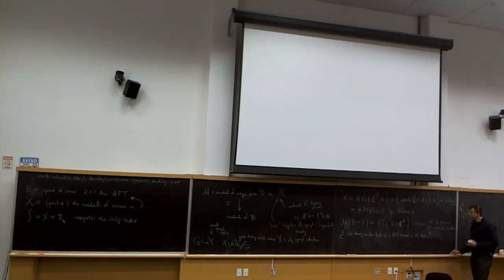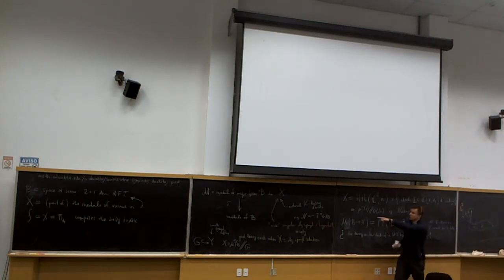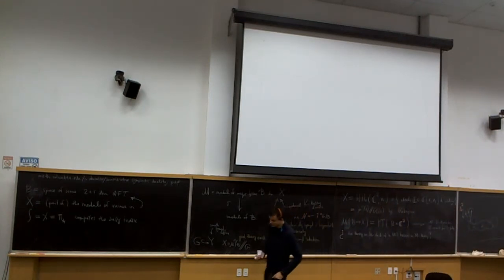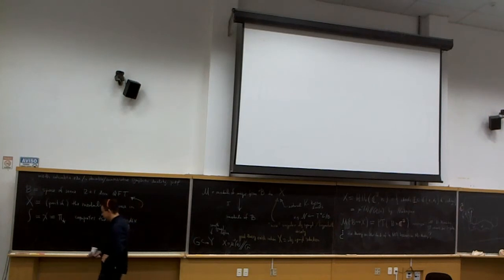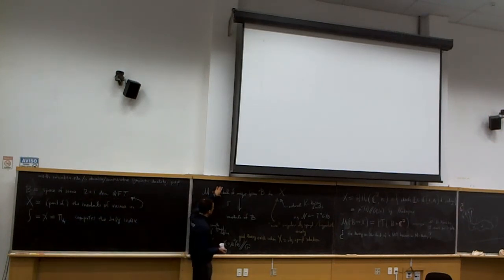And then 2 more, to tell about what's going to happen in 2 more dimensions, I have to say that when you do this, you should have objected before: how can I push forward something with respect to a map which is very, very non-proper?